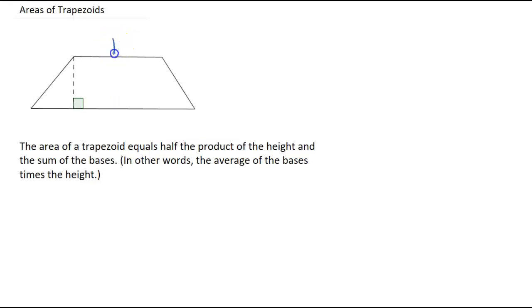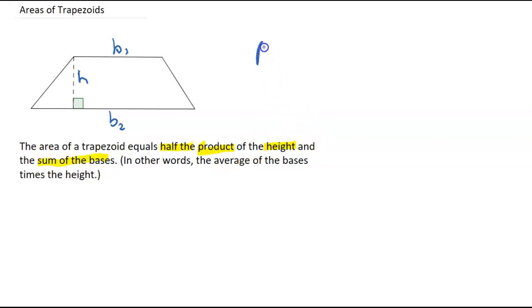So if this is base 1 and this is base 2 and this is the height, the distance between the two bases, then the area of a trapezoid equals half the product of the height and the sum of the bases.